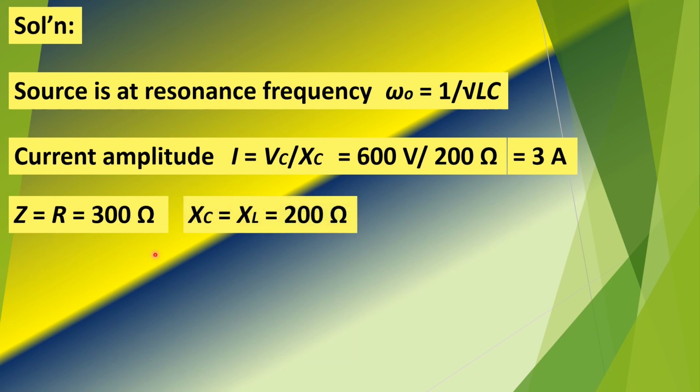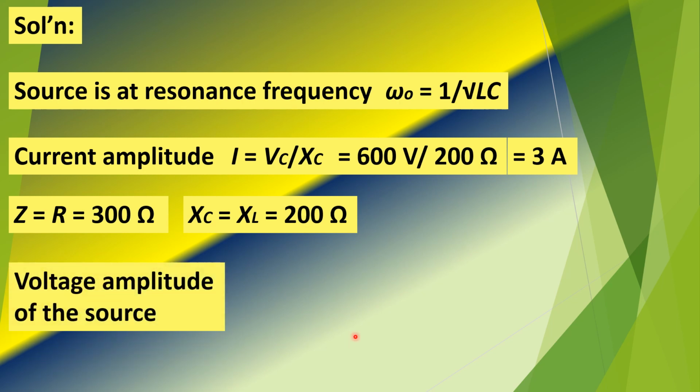Okay? And also, we can say that the capacitive reactance, capital X sub C, is equal to the inductive reactance, capital X sub L, which is 200 ohms. So we can now determine the target variable, which is the voltage amplitude of the source.